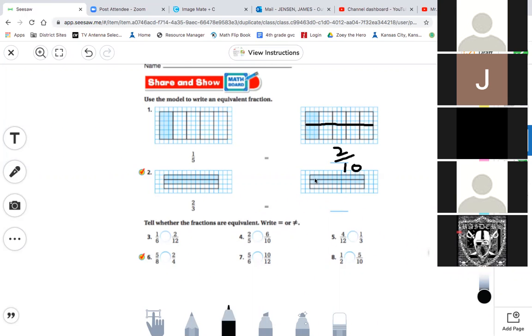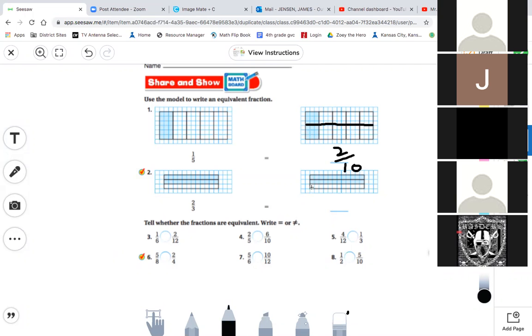We could do this. We split it. Wait, no, that's not right. Got to go one over. Let me get my eraser. We split it. Let's see.